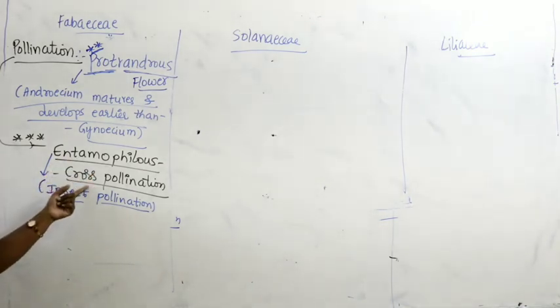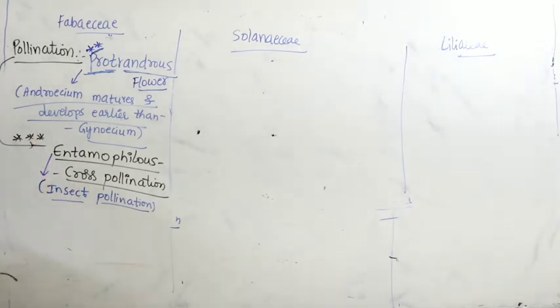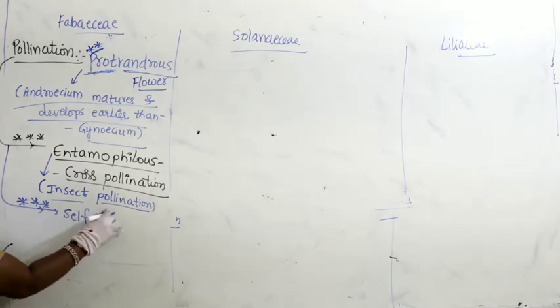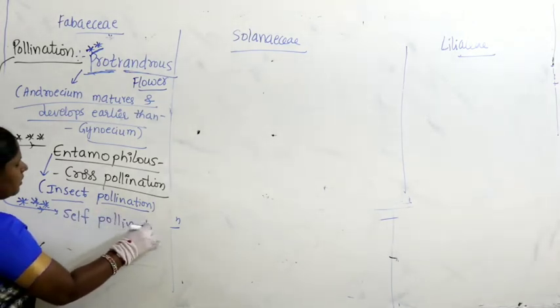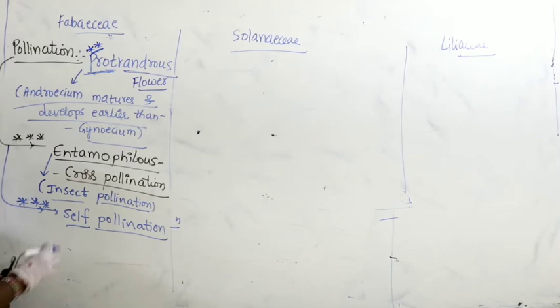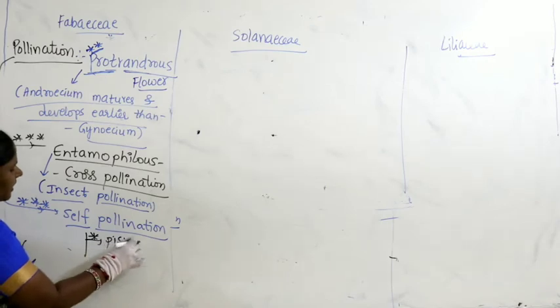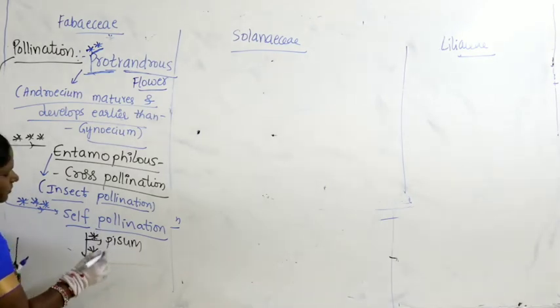Then the question arises, do you think in all plants cross pollination takes place? No. Exceptionally, in some members of Fabaceae we even find self-pollination. Self-pollination occurs in case of Pisum as well as Lathyrus.